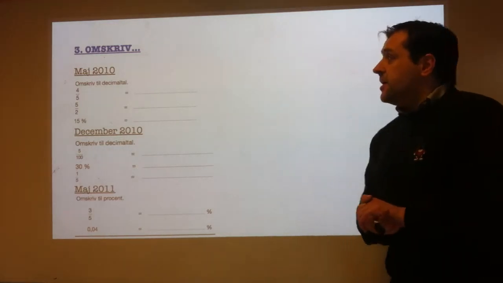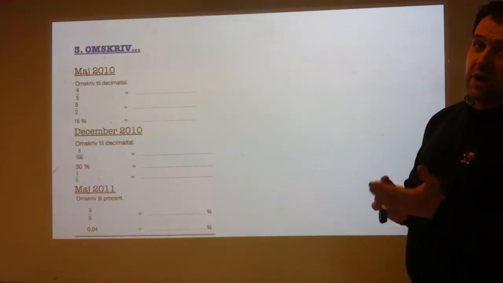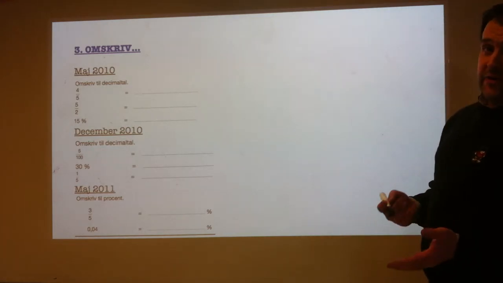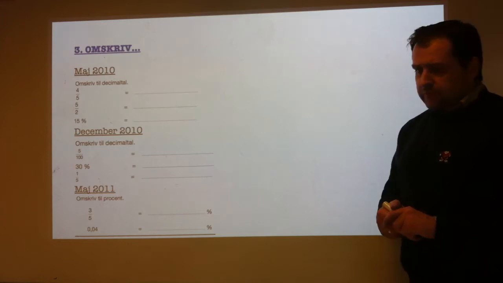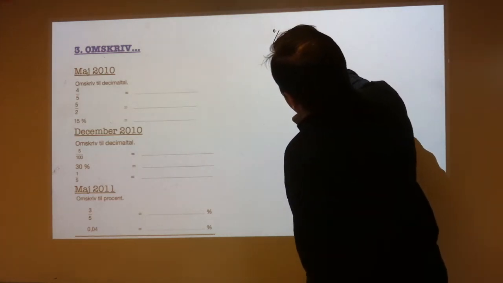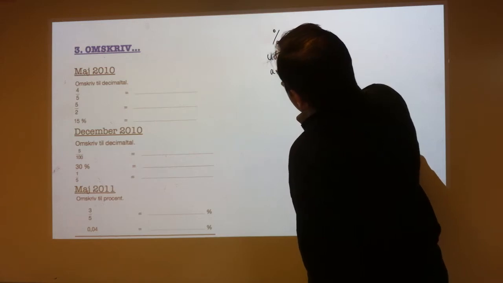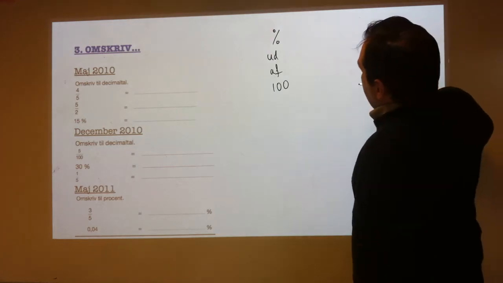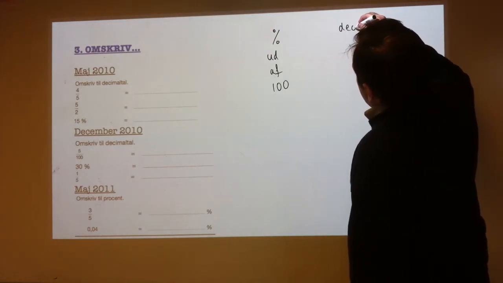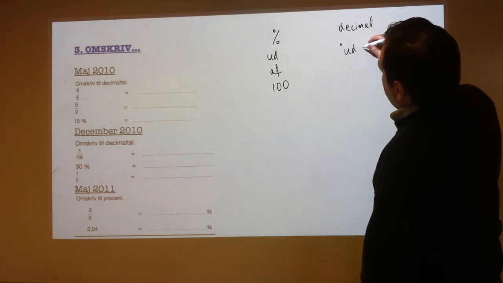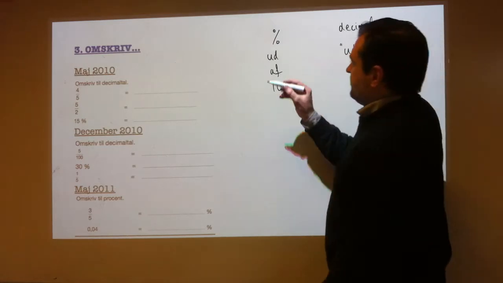Okay, section 3, in which you need to rewrite decimals or percentage numbers or fractions in terms of each other. So a few things to remember. Percent means out of 100, and a decimal you can think of as being a fraction out of 1.